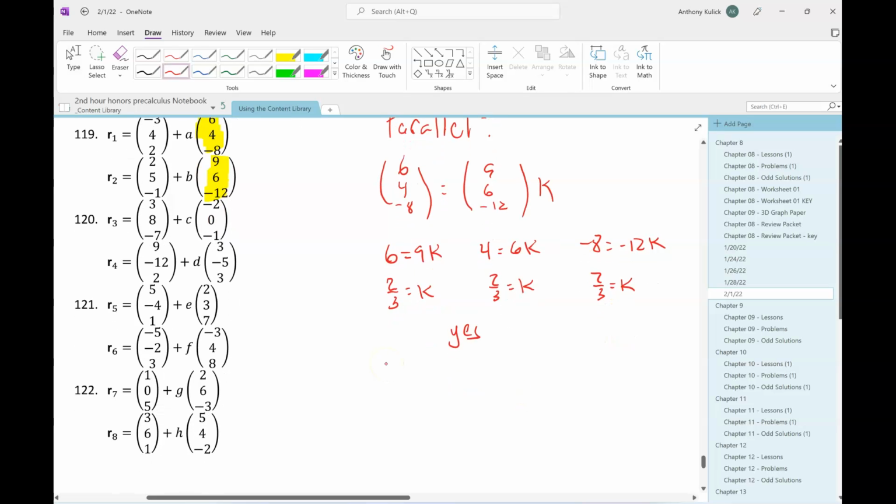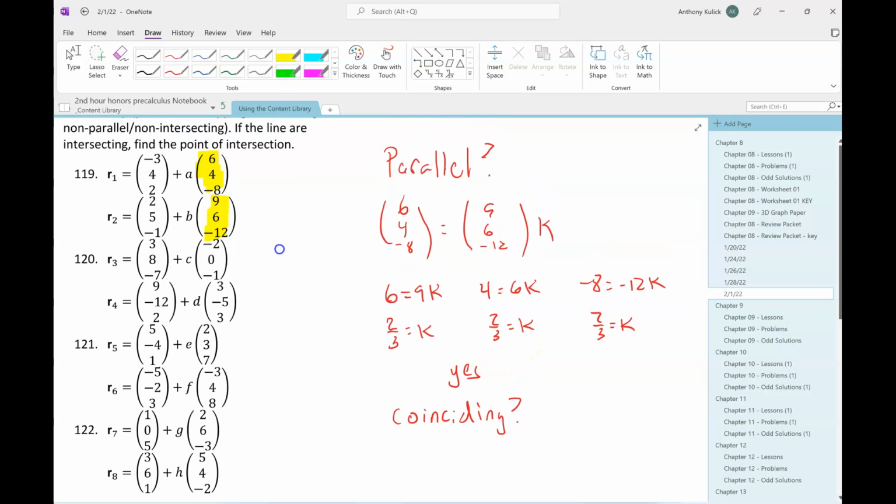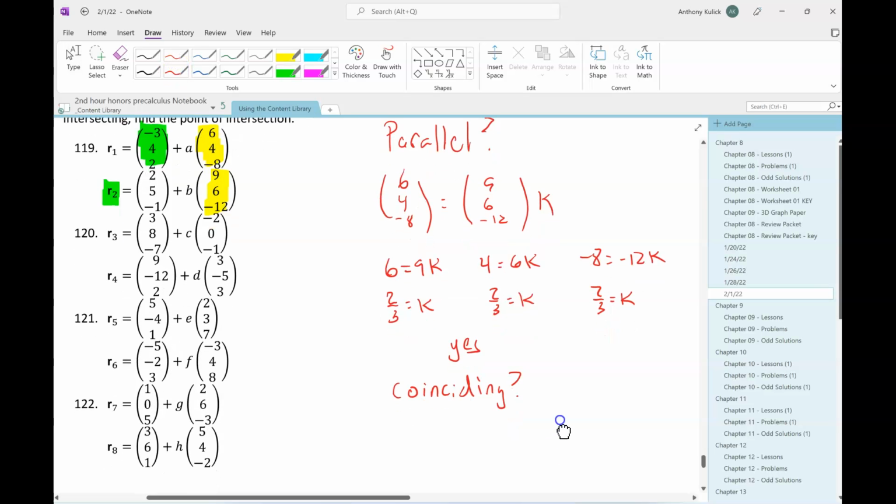So the next thing I'm going to check is to see if they're coinciding. To do that, I'm going to take the point vector from one and plug it into the other.